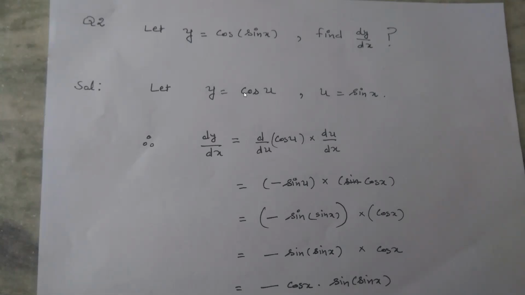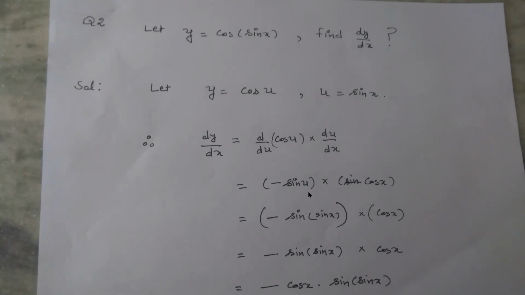Now differentiating cos u with respect to u, thereafter u with respect to x. So the derivative of cos u is minus sin u. The derivative of sin x is cos x.